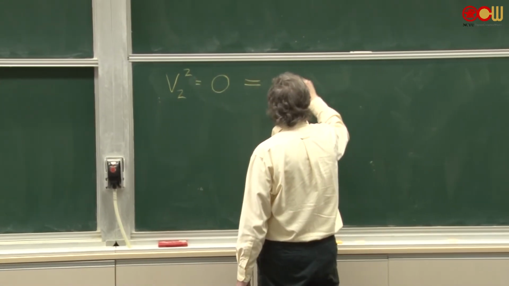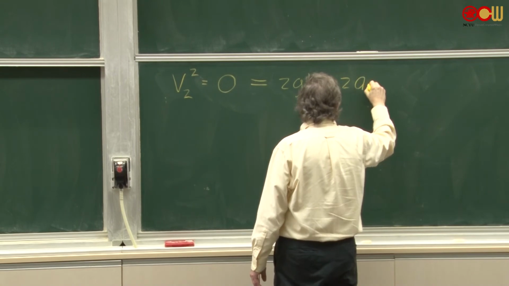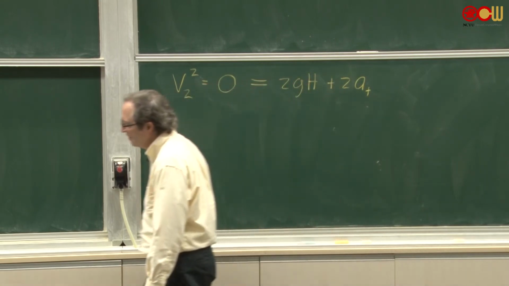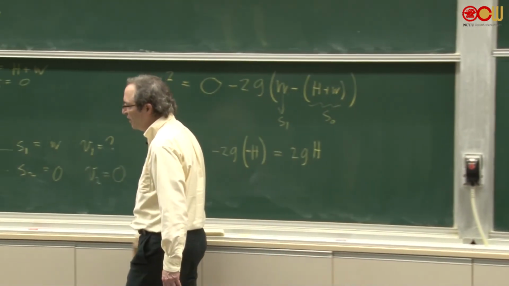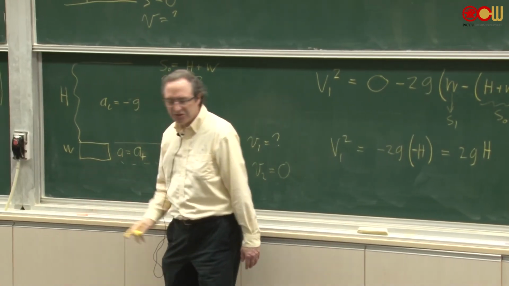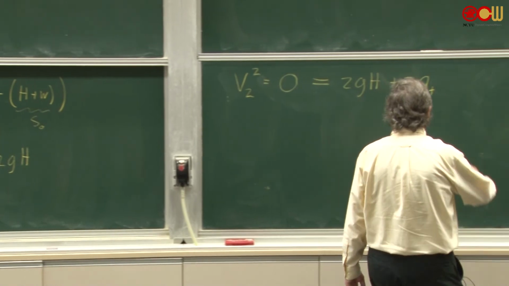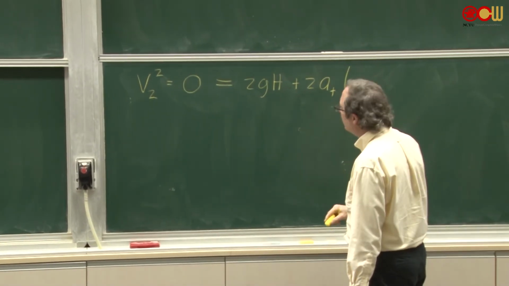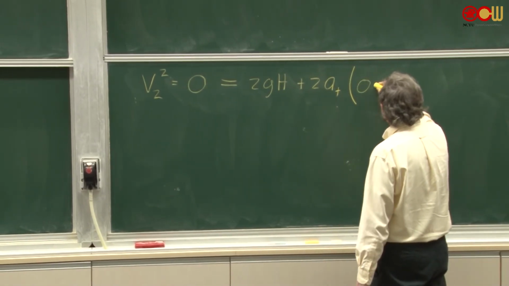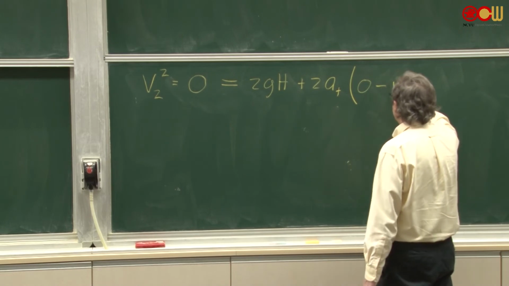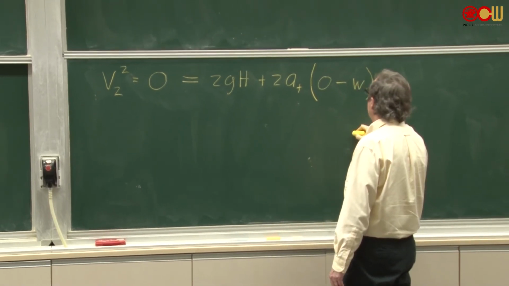So it's 2G. Then I have 2A times this trash acceleration, the acceleration due to the trash bin there. So I have that. And then I have to write in S, which is 0, minus W. So that's what I have.